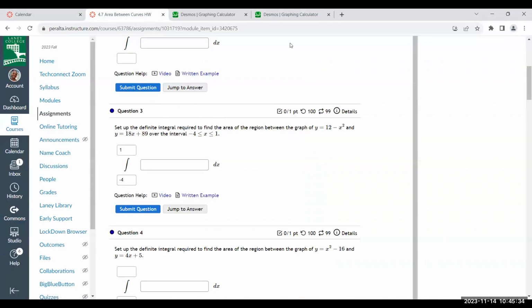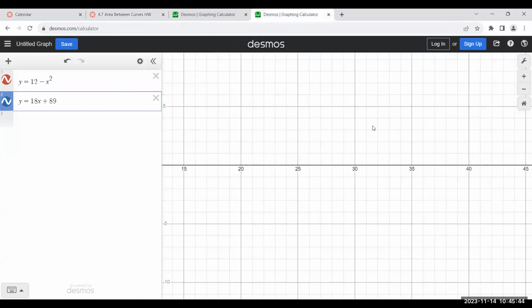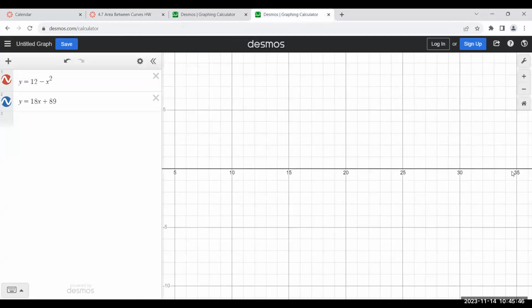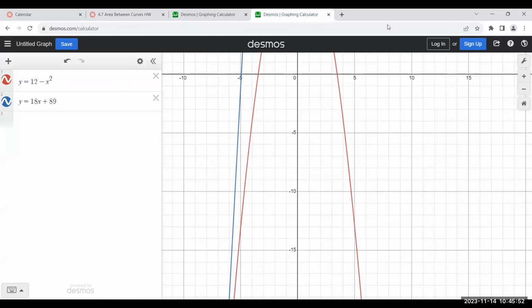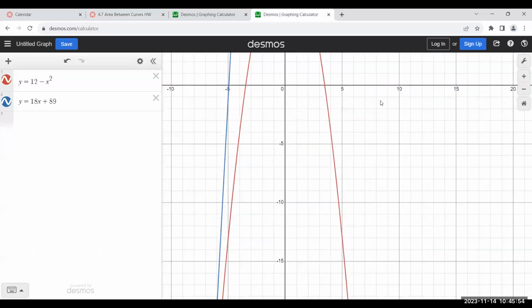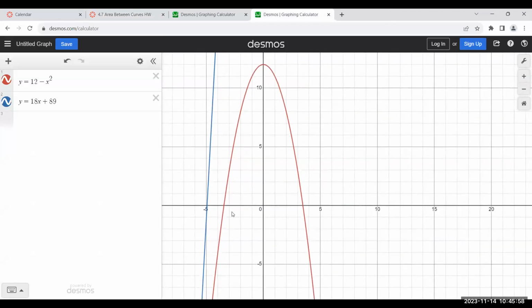So because of that, when I go to Desmos, I'm really going to focus on that interval, the interval from -4 to 1. And oops, I'm noticing that -4 is right here, right?